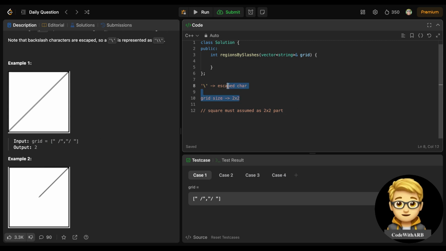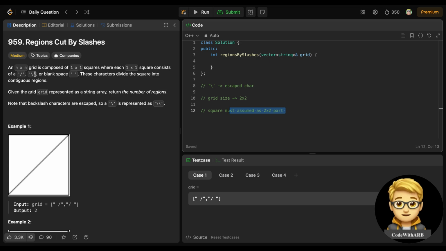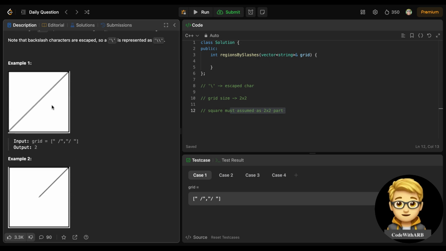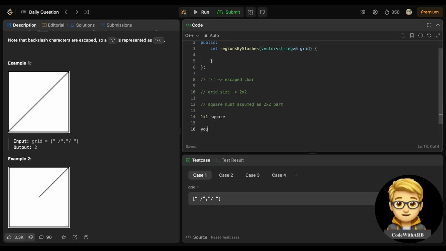Till now I think you have understood the approach. I'm saying this because it's very confusing the first time you read it, how this works. Basically, you are given a 1 cross 1 square, and you need to split it according to the grid size.